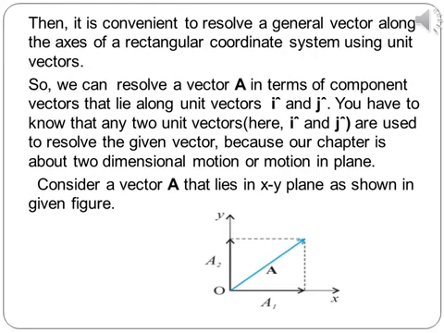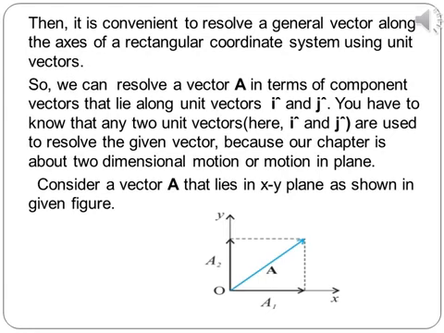So, we can resolve a vector A in terms of component vectors that lie along unit vectors i cap and j cap. You have to note that any two unit vectors here, the unit vectors i cap and j cap, are used to resolve the given vector, because our chapter is about two-dimensional motion or motion in a plane.